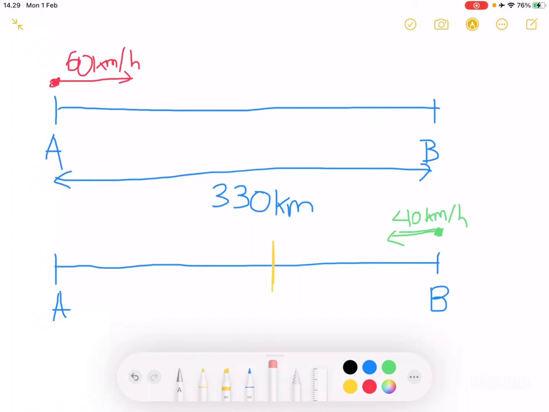Now an easy way to do it is to look for some patterns in this question. So I'll just erase this right here, and let's see the condition at 9:30.